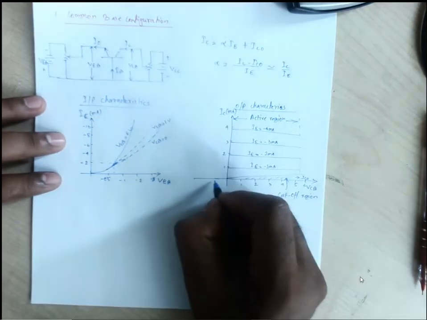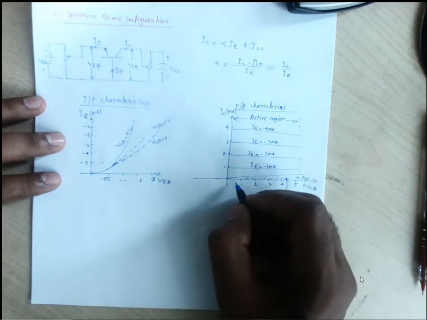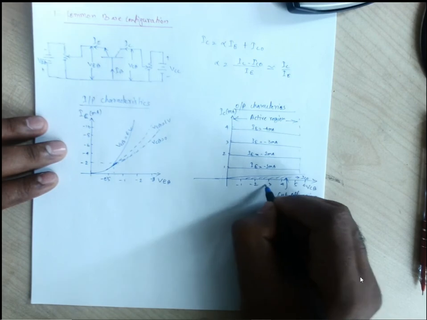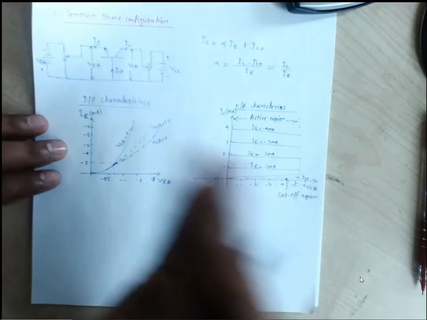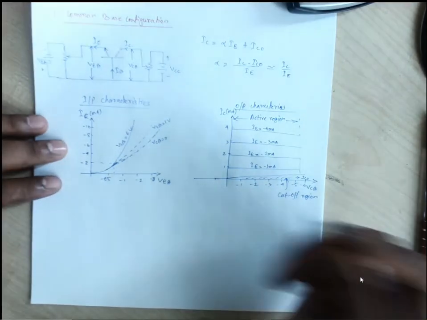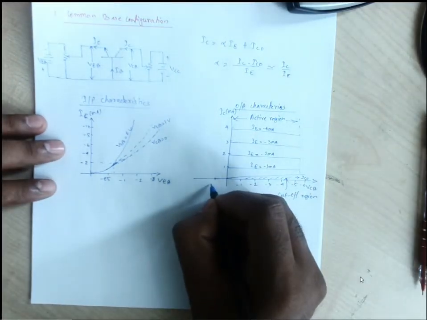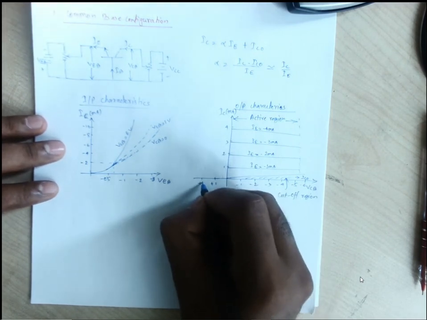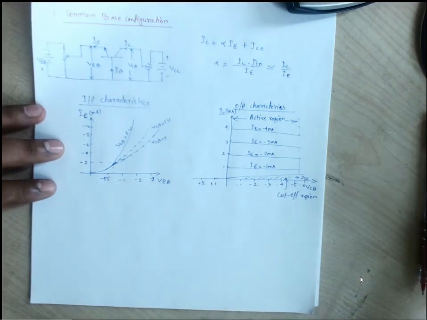Now on this side, if we consider VCB as negative due to the reverse bias, and we go to the positive, we come into the left axis. So let us consider VCB is given the opposite polarity to make it forward: plus 1, plus 2, like this. So what will happen? That side is also forward bias.